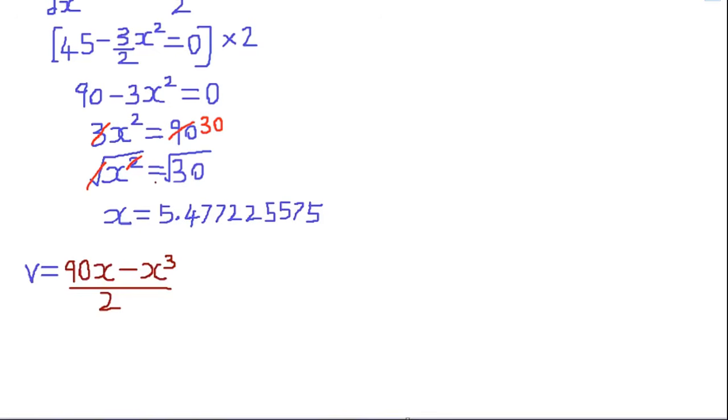In this case, we even round it off. So it will be v is equal to 90 open brackets 5.477 minus 5.477 cubed over 2.